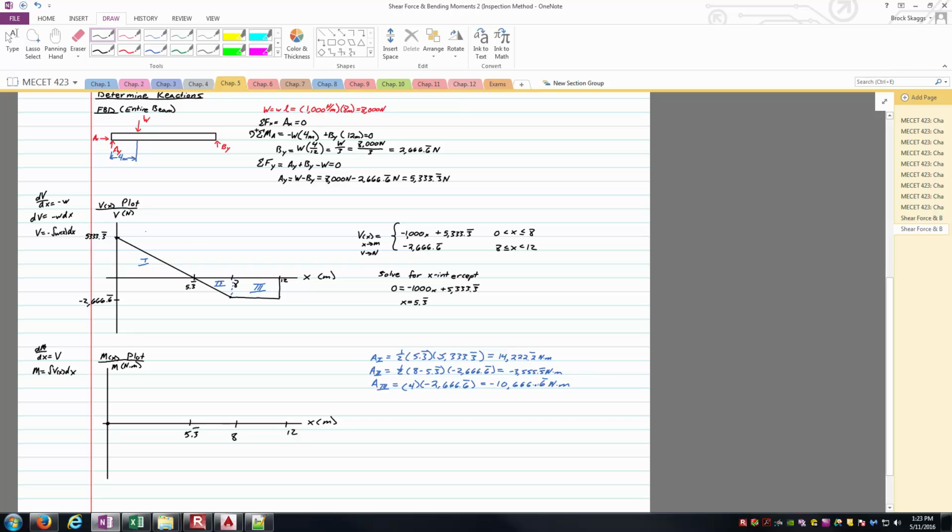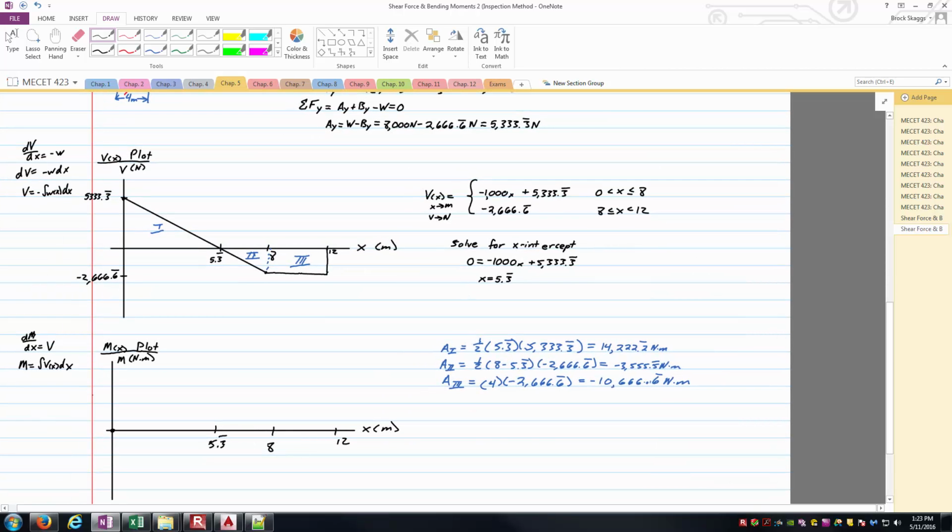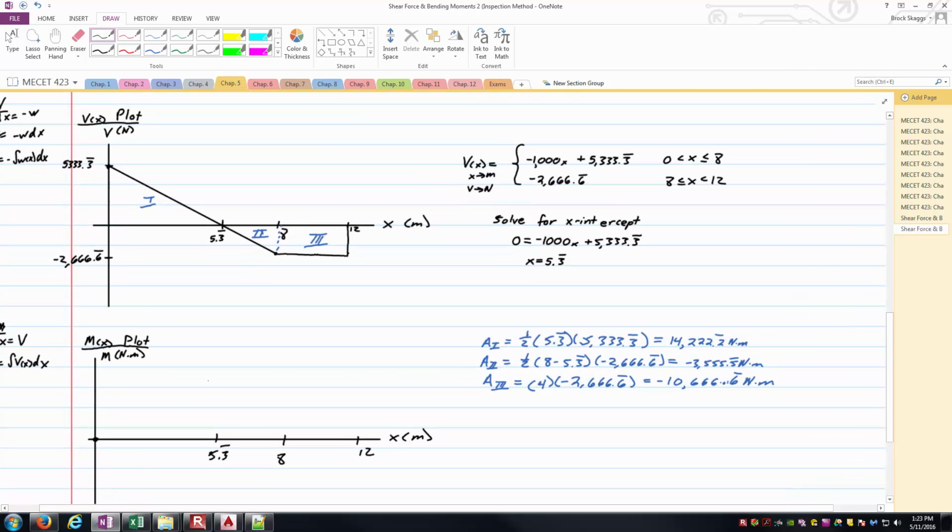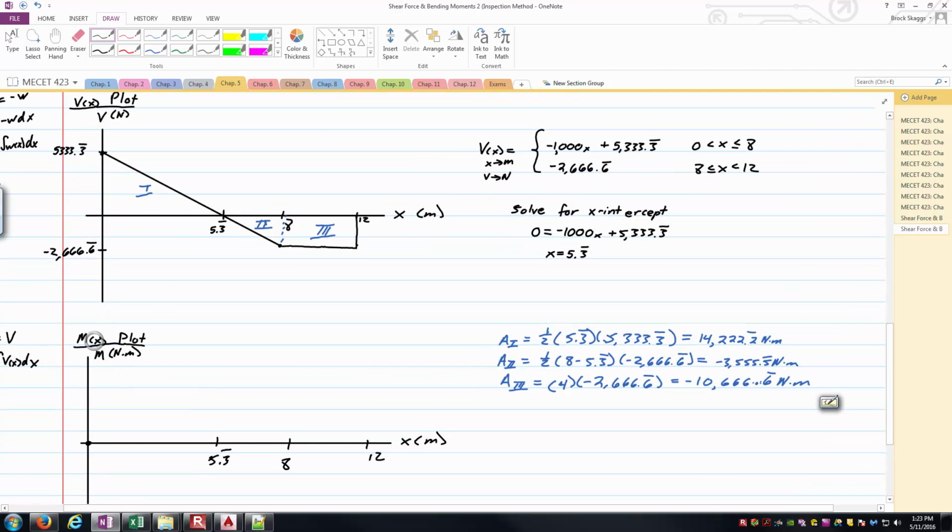And so what that's telling me for area 1 is that I'm going to start at 0, 0, which we've already talked about because of the pin joint, but by the time I get to 5 1/3, I've got to obtain some value, say it's about this high here, and that value is going to be 14,222.2. But then as soon as I leave, I'm going to start decreasing here.